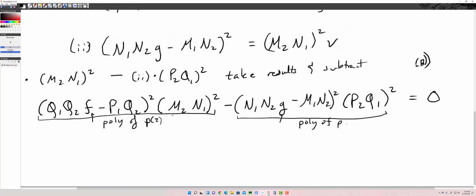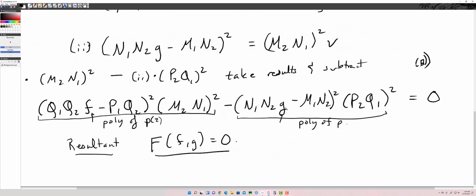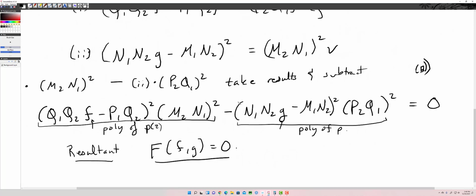And so now basically I'm just looking at this and finding the resultant of this monstrosity. This will be a polynomial f of f and g that equals 0.